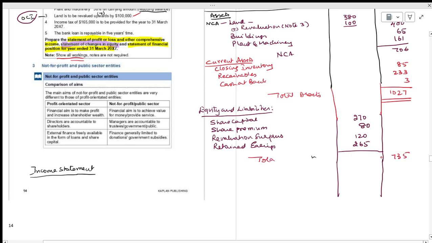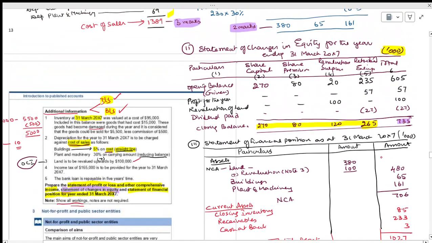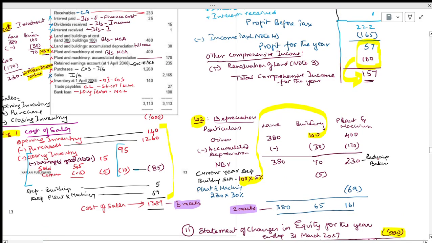Write down total equity. Next, non-current liabilities. Who has to tell? Salim. Yes. Loan is there, Salim. How much is the loan?